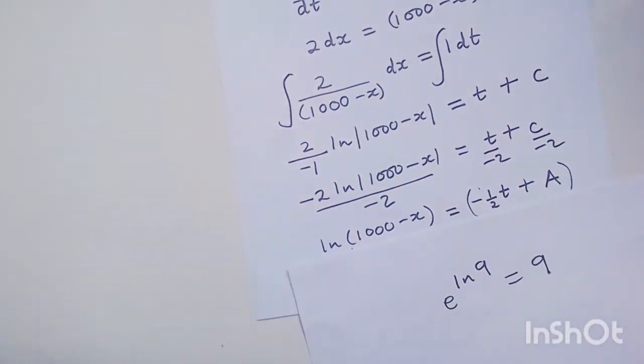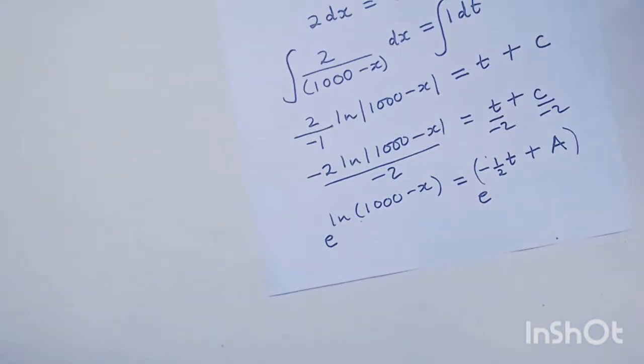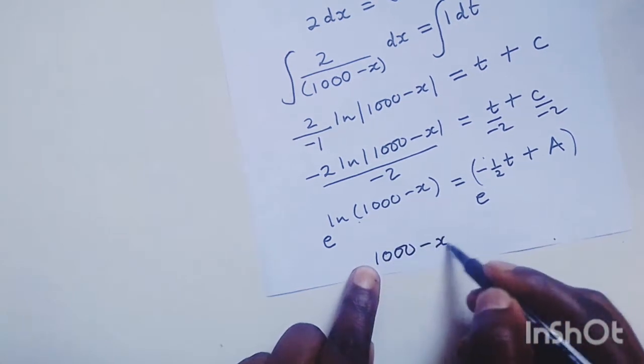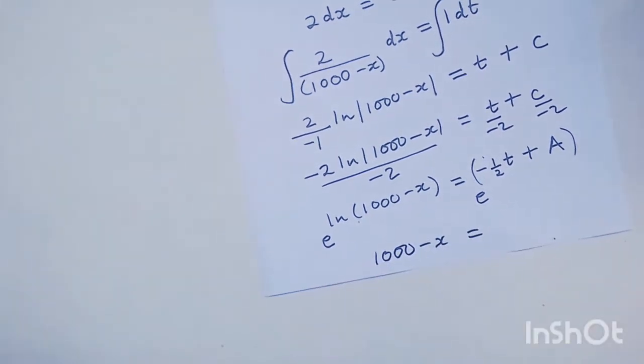So if you raise exponential by a Napierian log, you come out with the number in front of the log, which is 9. So what I'm trying to say is, e to the power of ln of 1000 minus x, it means that you'll be left with 1000 minus x on your left side, right?